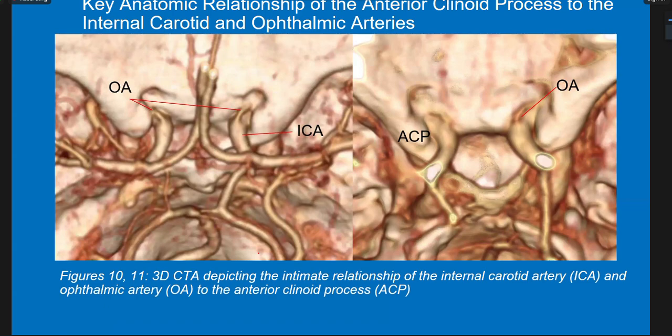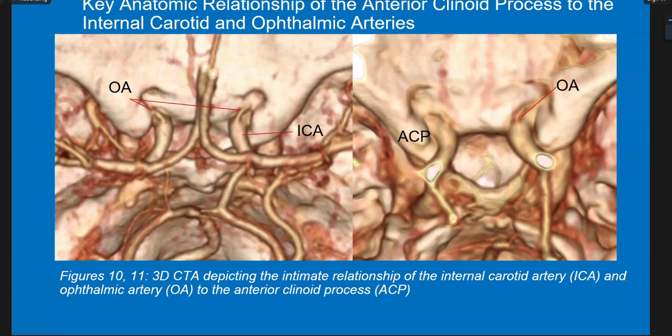So we also have the key anatomic relationship of the anterior clinoid process to the internal carotid and the ophthalmic arteries. Here you have the anterior clinoid process. You have the internal carotid artery, and you can see the takeoff, the origin of the ophthalmic artery as it goes anteriorly into the opening, the endocranial aperture towards the optic canal.